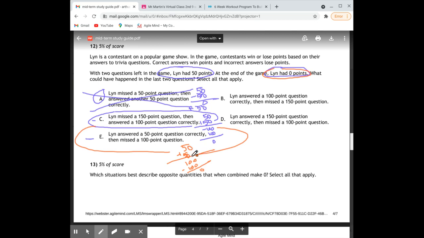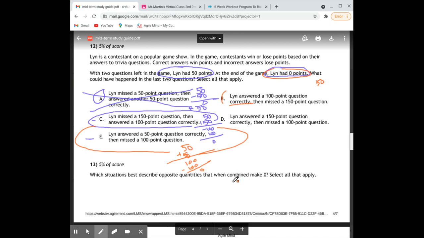All right. Looking at the next one, Brendan. Start at 50. And then it says she answered one correctly. So would we add or subtract 100? Can you say that again? Right here. She answers a 100-point question correctly.